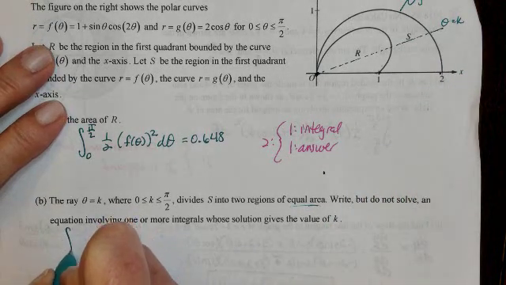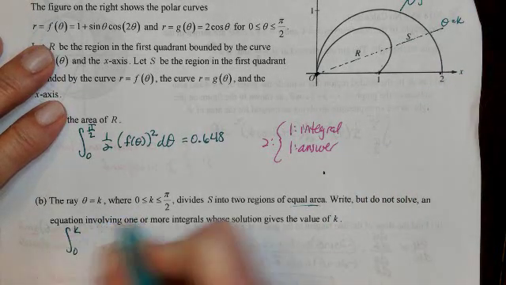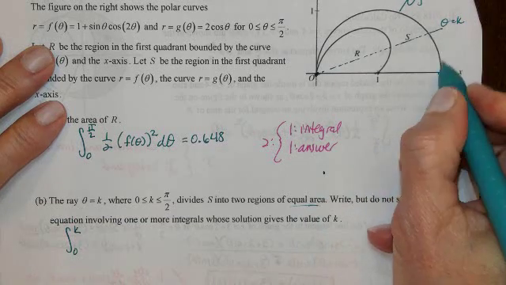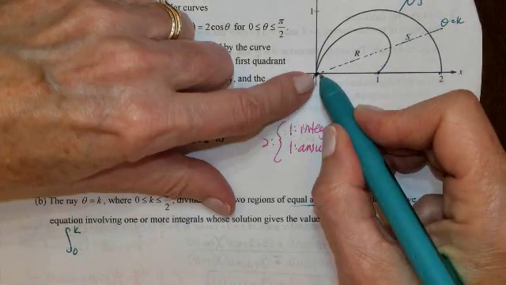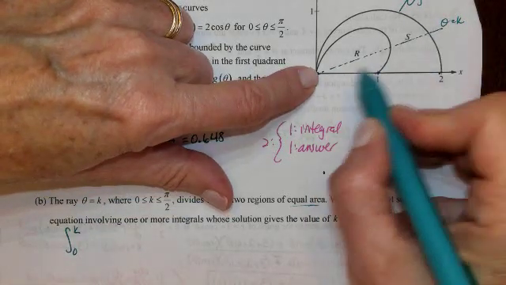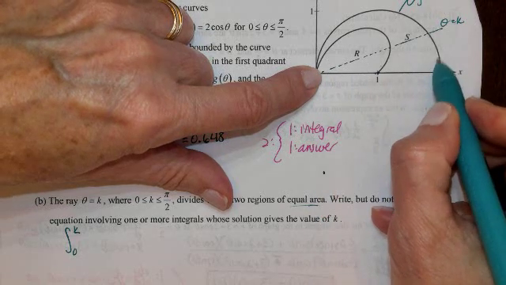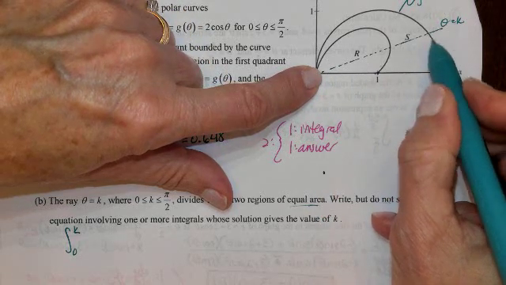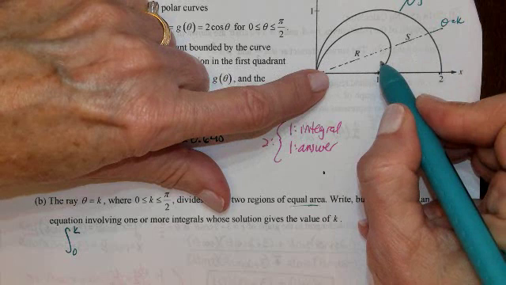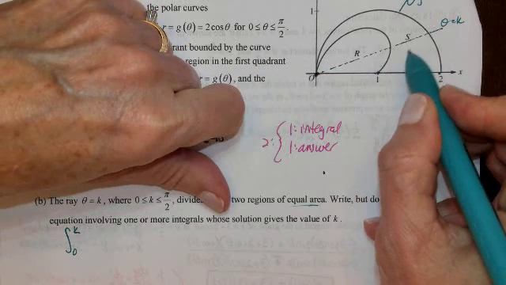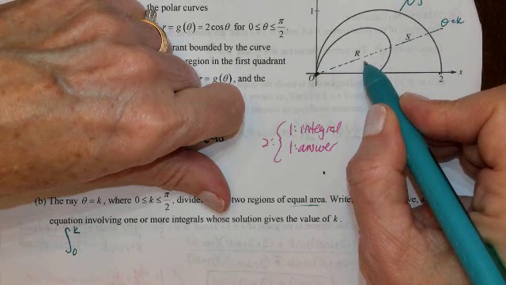I'm going to say the integral from 0 to k of the entire area, that would be g of theta, right? The entire area minus this inner area, because we only want S involved. We do not want R involved.